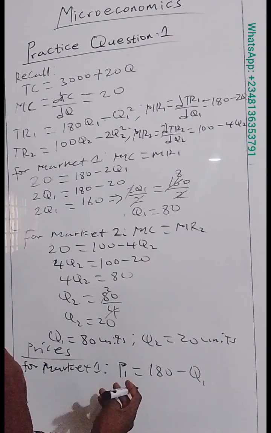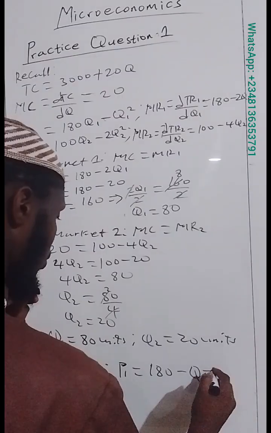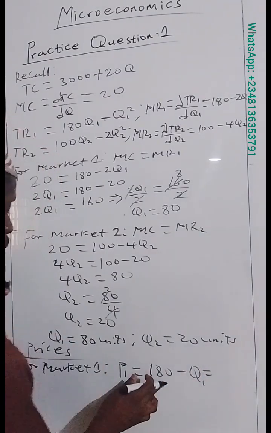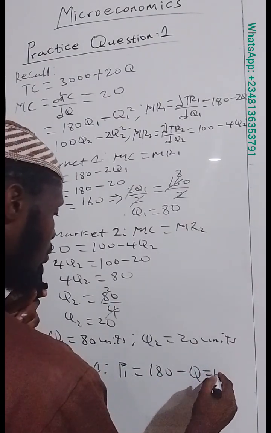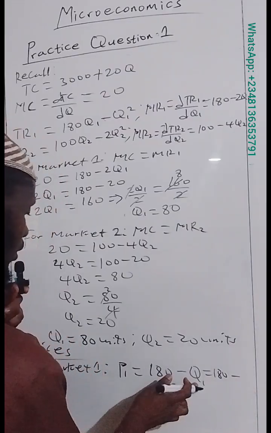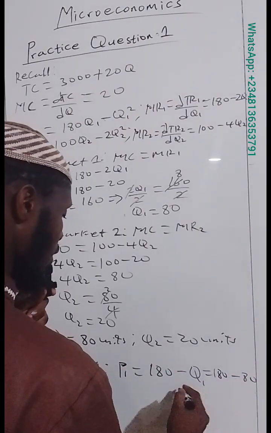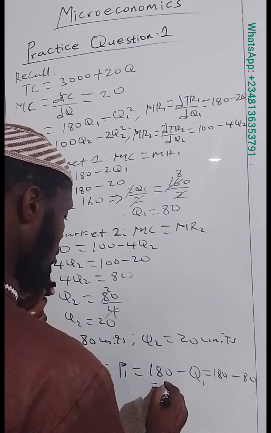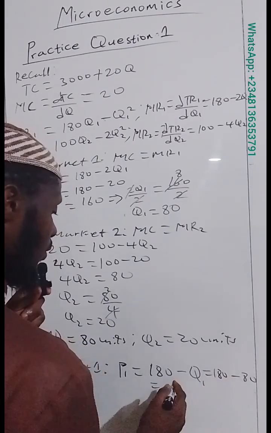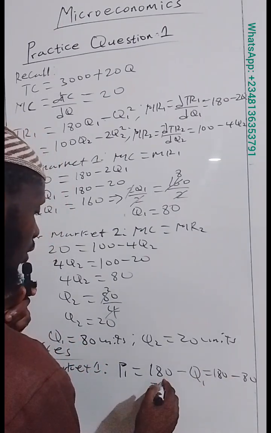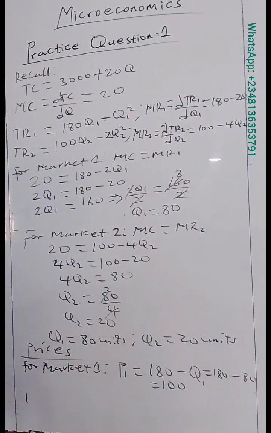So P1 is equal to 180 minus Q1. What is our Q1? It's 80. Then our P1 is going to be equal to 180 minus 80, so we are going to have 100. Meaning that the price charged in market 1 is equal to 100.